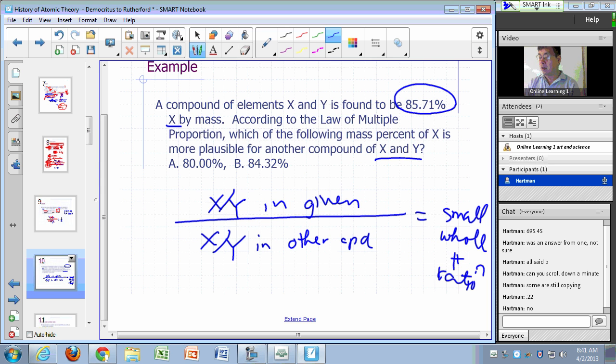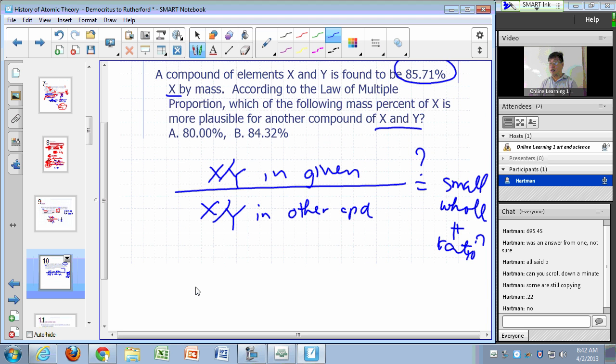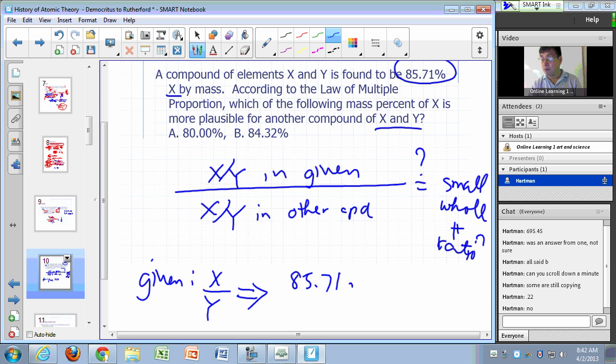Okay? So the question is, you need to get that ratio of ratios. To solve this problem, you say, all right, let's figure out the X to Y ratio in the given compound. In the given compound, the X to Y ratio is how much? It's 85.71% X, right? So if I have 85.71 grams of X, how many grams of Y would I have?